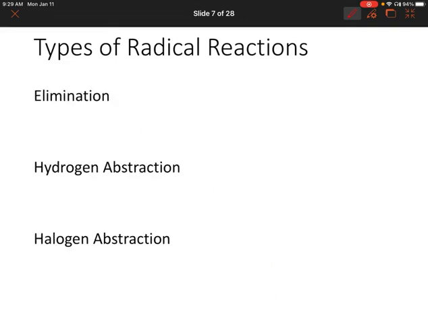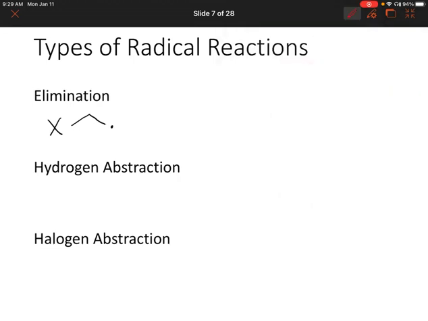All right, so now there's some more types. The fourth type of radical reaction is called elimination, and this is the opposite of addition to a pi bond. So let's say we have that same molecule we drew in the last reaction.